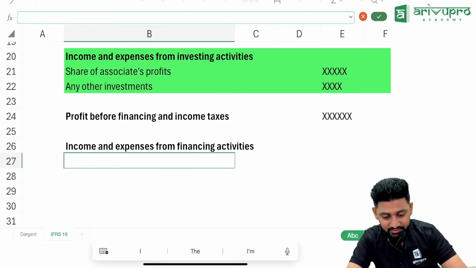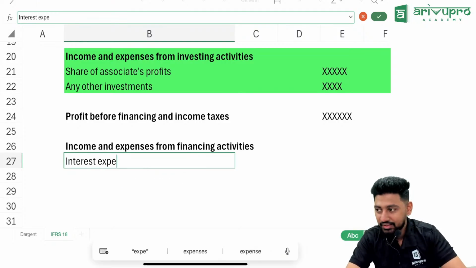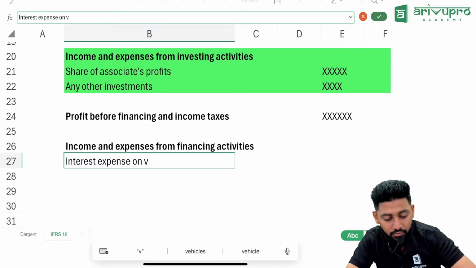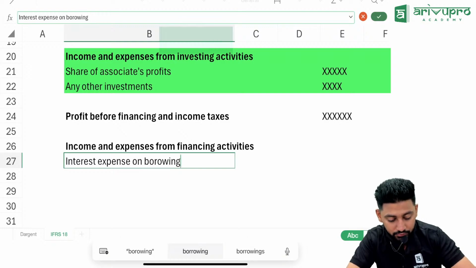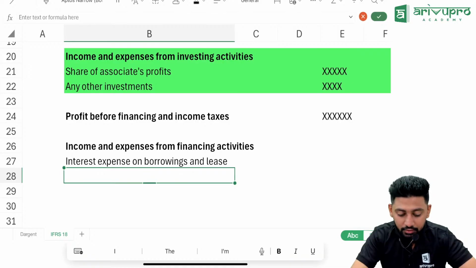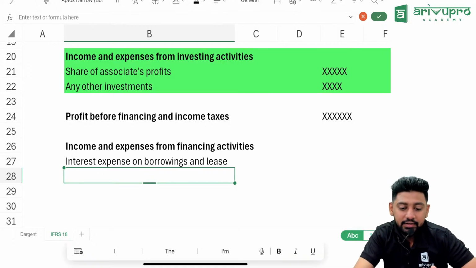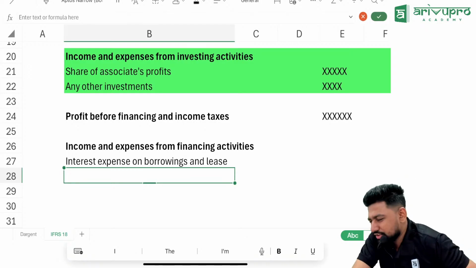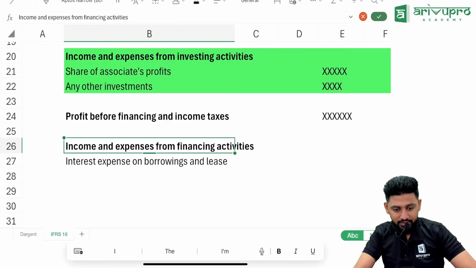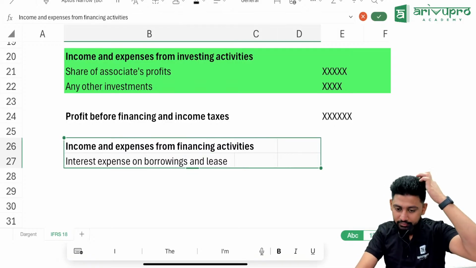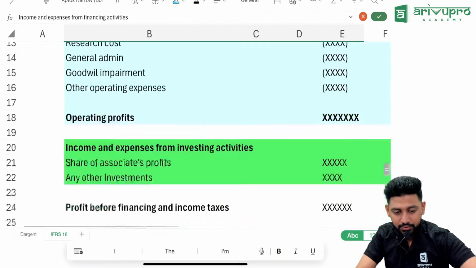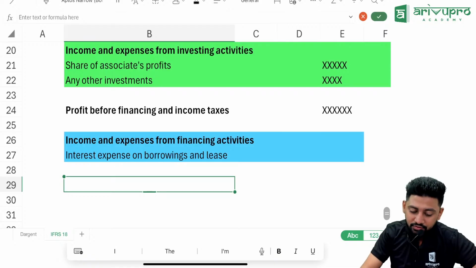Finance cost is replaced as interest expense. We are going to say interest expense on borrowings and any lease we can take separately. Pension liabilities are not part of your syllabus. You can simply ignore it because for now we don't need it. So that is my third expense category, which is my income and expenses from financing activities.